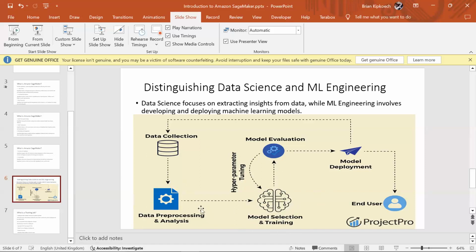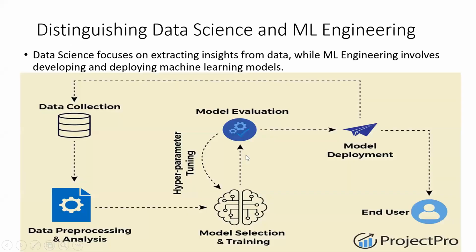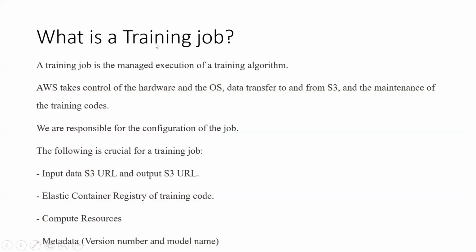So I'm going to introduce a concept called a training job. SageMaker offers a service where you can train your machine learning model. So what is a training job? A training job is a managed execution of a trained algorithm, where you don't have to worry about the hardware, the operating system, how to transfer data to and from S3, and the maintenance of the training codes.